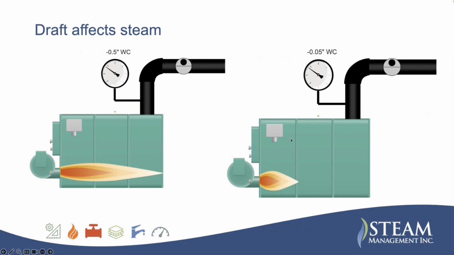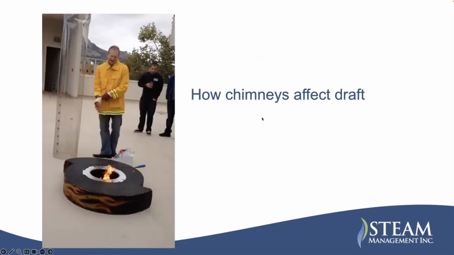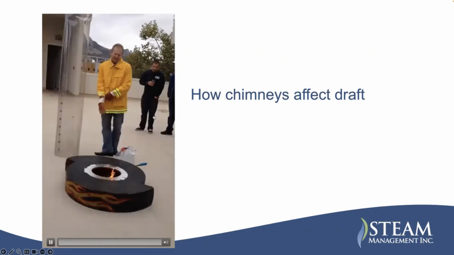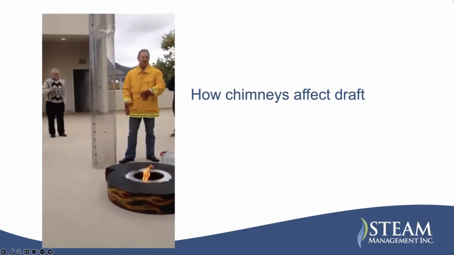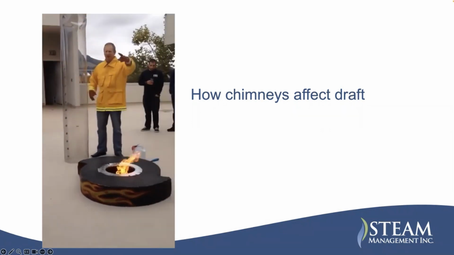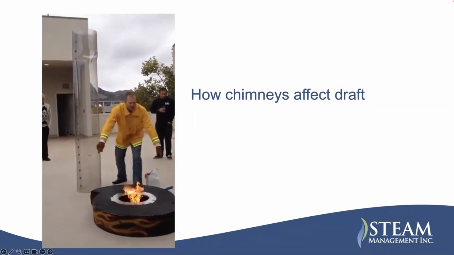It was great. So draft will really affect the steam in your system. Now, I wanted to show you how a chimney affects draft. This was kind of interesting, and then we can stop for questions whenever you want.